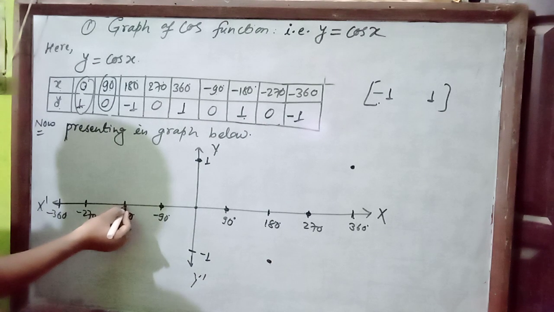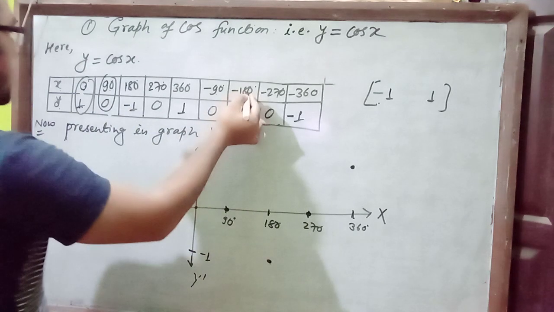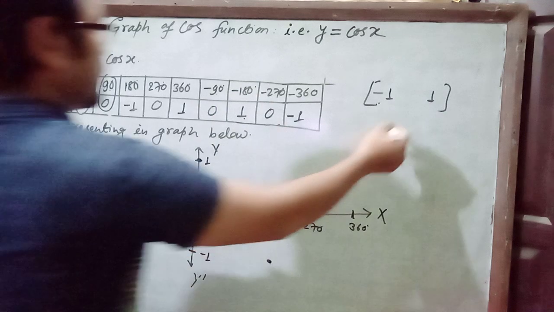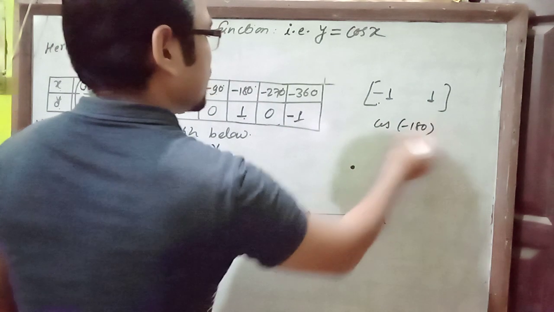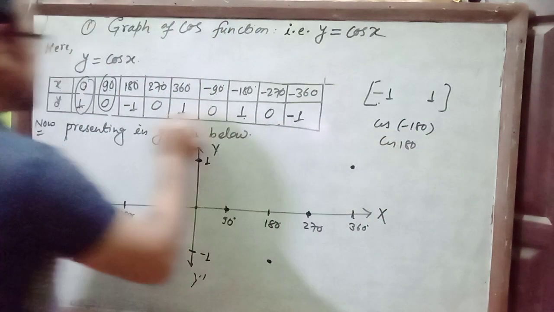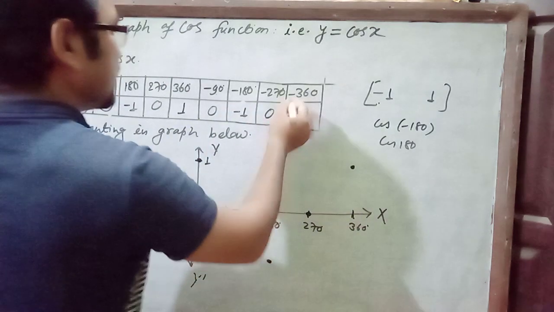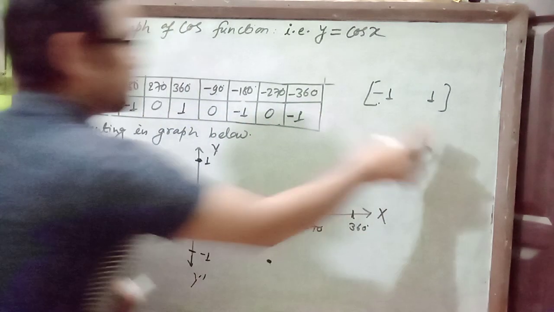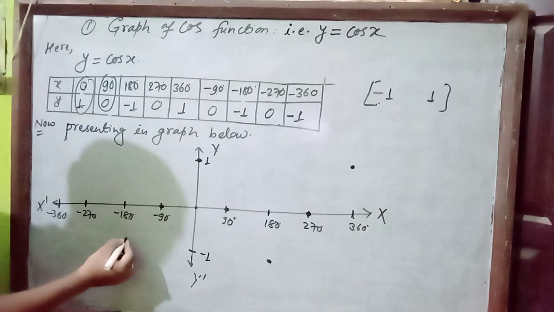Minus 180 to 1 means minus 180. That is the value of cos minus 180, which means cos 180 value is here -1. Cos 180 is -1 downside.